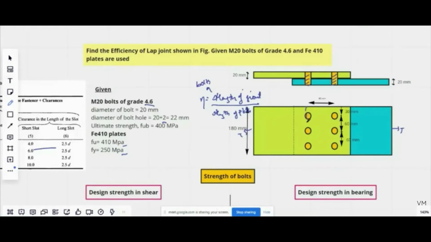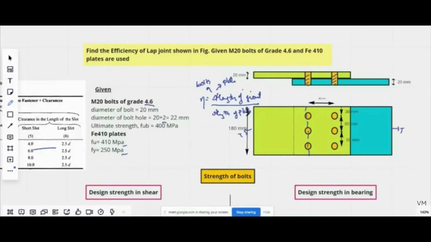The plate may fail at the connection. So we need to determine the strength of the bolt and the strength of the plate, and equate all these values to see what the strength of the joint is.